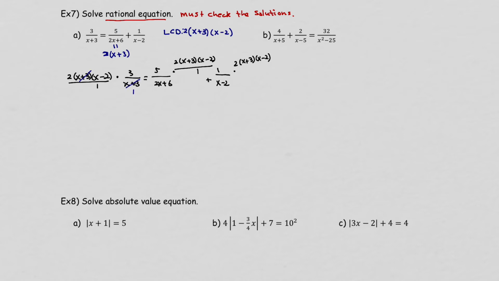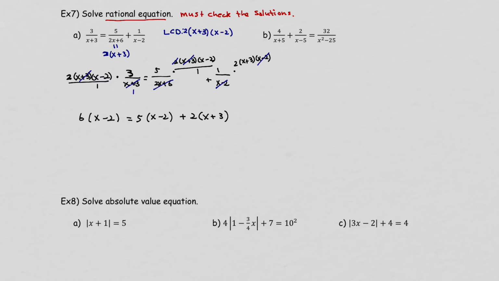The 2 and x plus 3 disappeared. So what's left over? You started with 3, so 3 times 2, which is 6, times x minus 2, left over from the first fraction. The second fraction is 5 times x minus 2 left over, plus 2 times x plus 3.